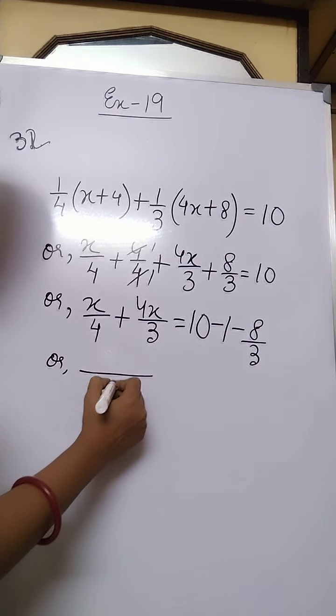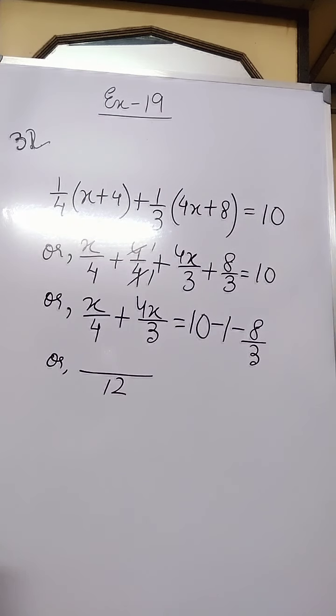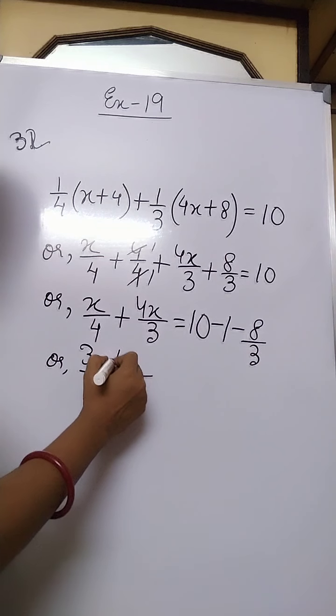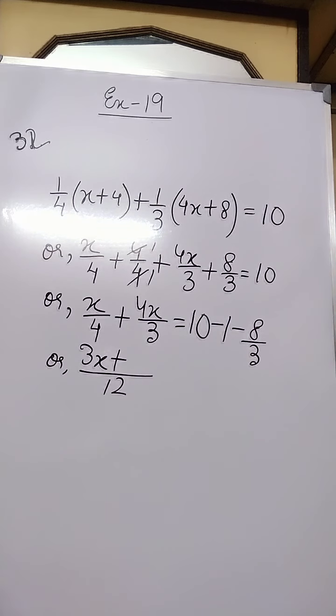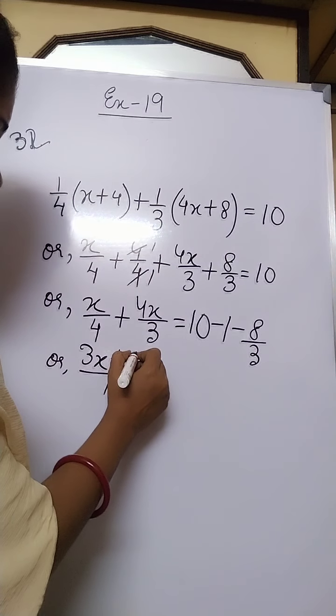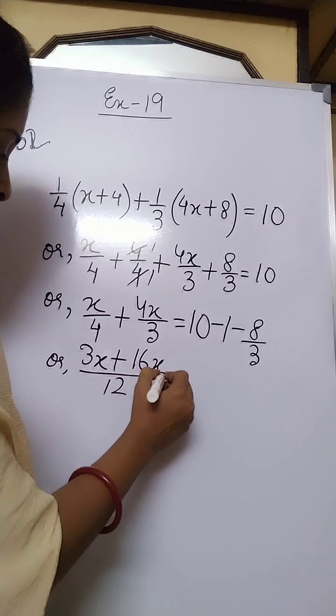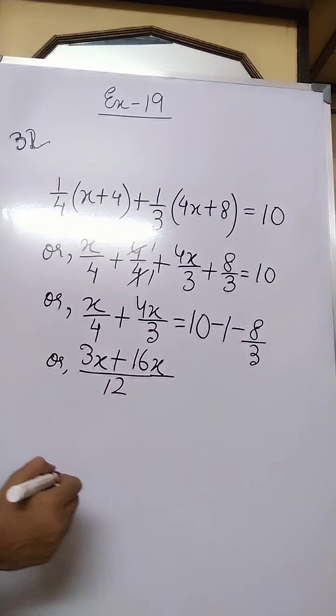4 3s are 12, so 12 will be the LCM. 4 3s are 12, so 3x, and 3 4s are 12, so 4 into 4x, 16x.